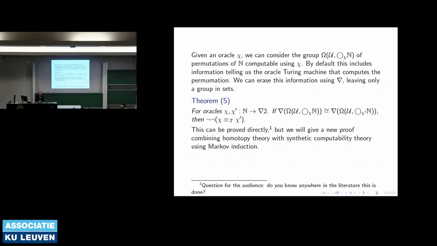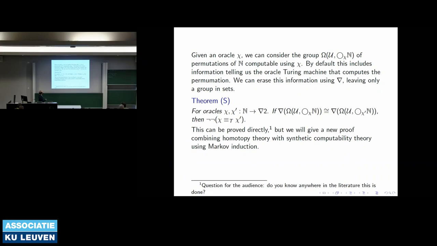So this is the first example that I came up with, and it's still the best illustration I have of the kind of thing I'm aiming for. And so this is using homotopy type theory to say something about a basic result in computability theory. If we have an oracle chi, we can look at the loop space of O chi n in the universe, and this is the group of permutations of n computable in chi.